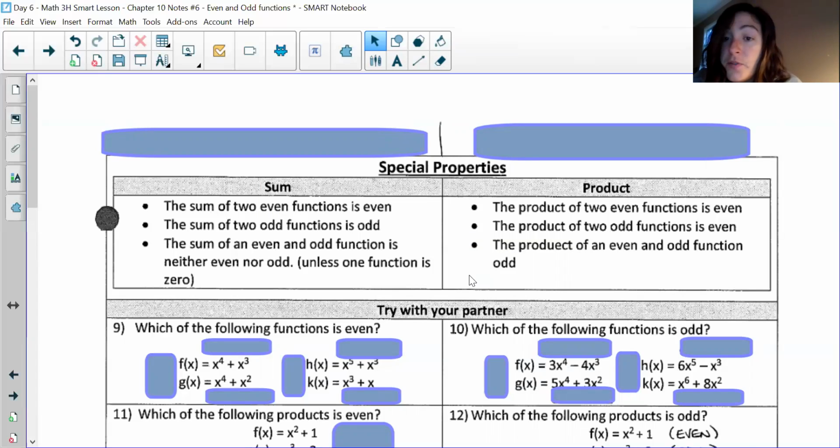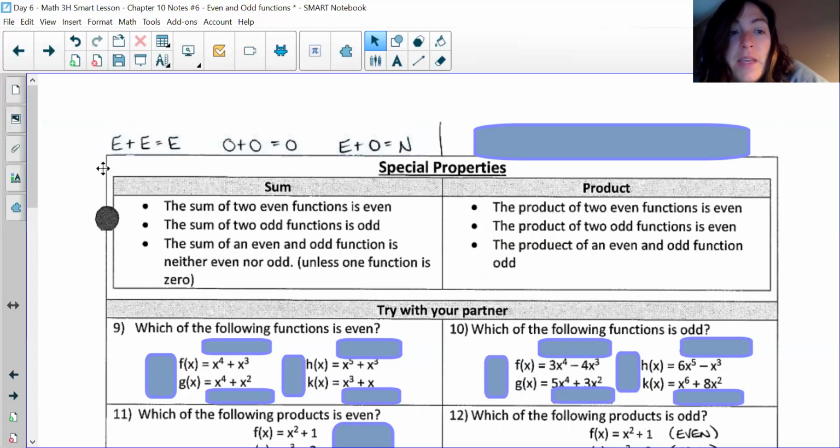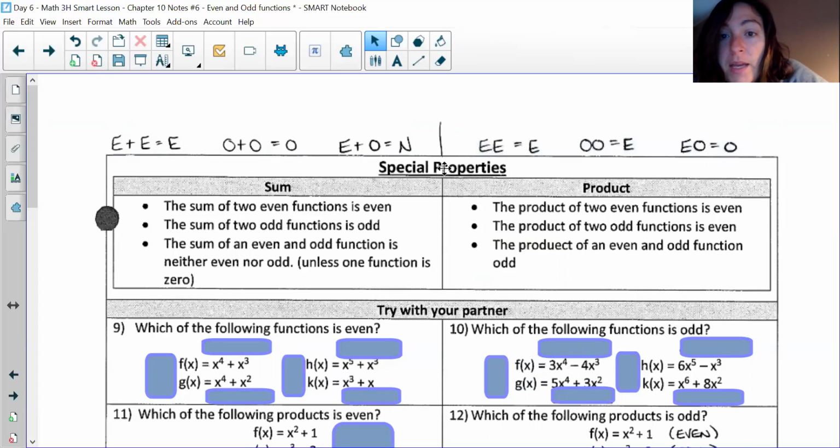The product of two odd functions is even. And the product of an even and an odd function is odd. So we have even plus even is even, odd plus odd is odd, even plus odd, nothing. Even times even is even, odd times odd is even, even times odd is odd.